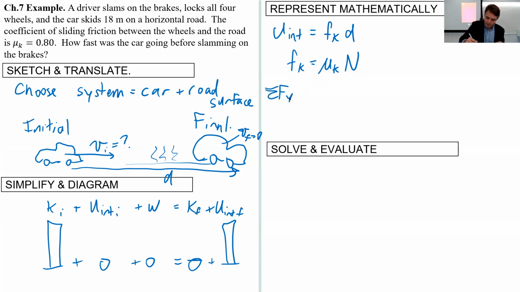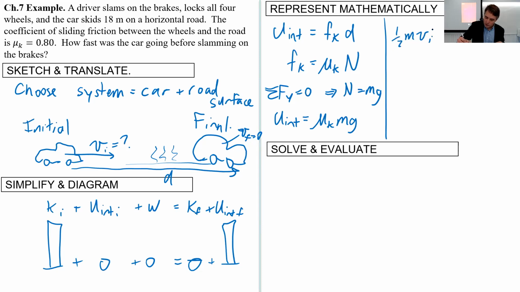If the sum of the y forces is equal to 0, this means the normal force is equal to mg. So if you combine all these things, U internal is equal to mu_k times m times g times d. And then you've got 1/2 m v_initial squared plus 0 equals 0 plus mu_k times m times g times d.